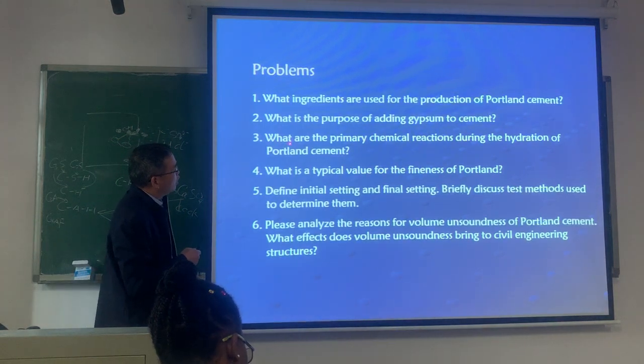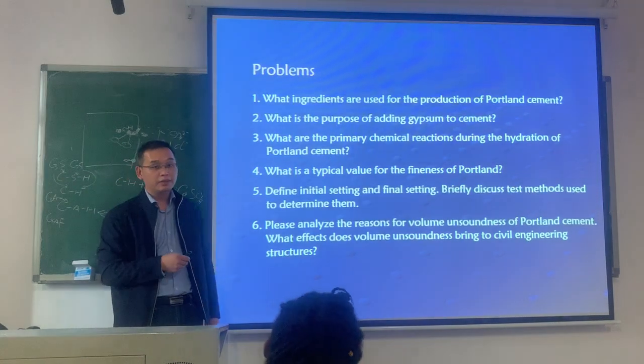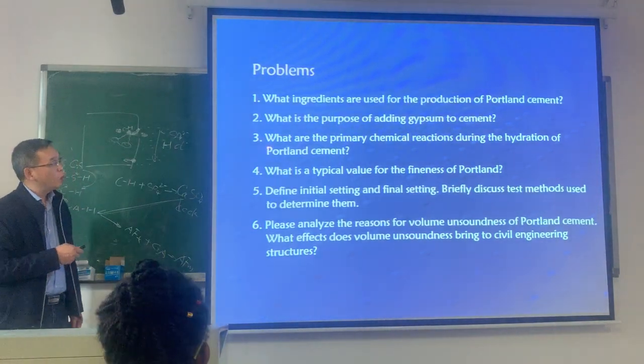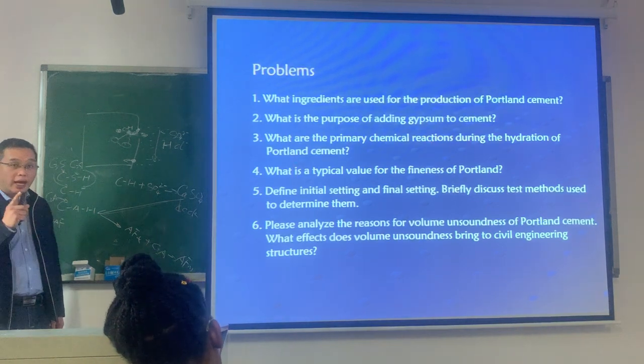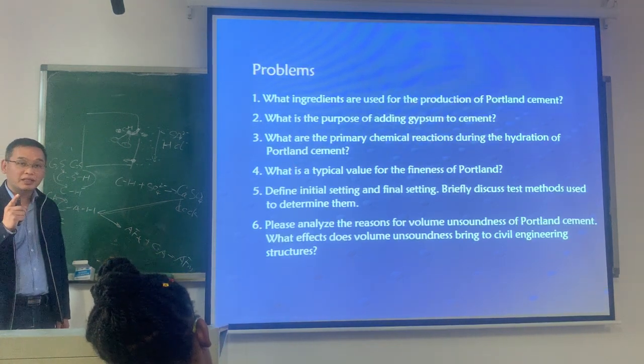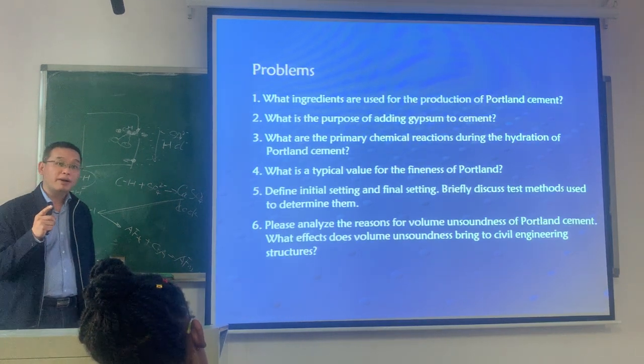The third question is what are the primary chemical reactions during the hydration of the Portland cement? The hydration of the Portland cement is also the hydration of the mineral compounds.